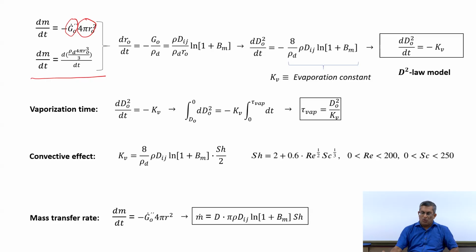Okay. And that depends mainly on the diffusion coefficient, density of the droplet, and the mass transfer number. Okay. And now, once we know this, then we can simply integrate this equation from the initial particle size to 0. We are interested in vaporization time, this one.